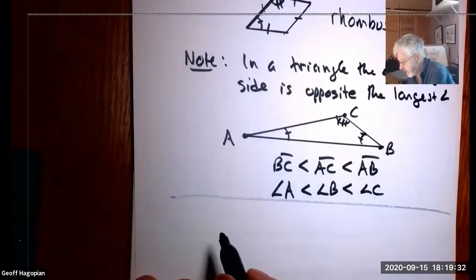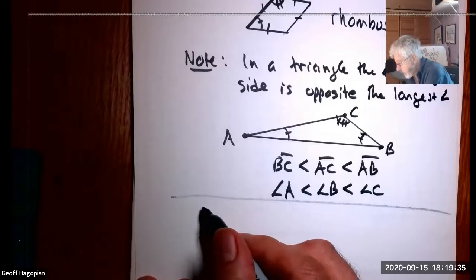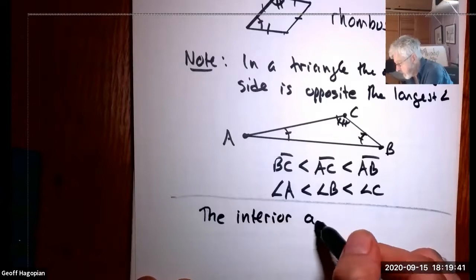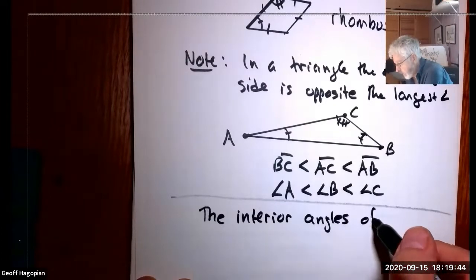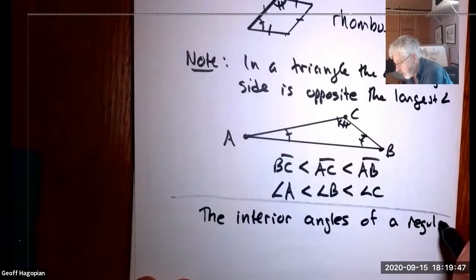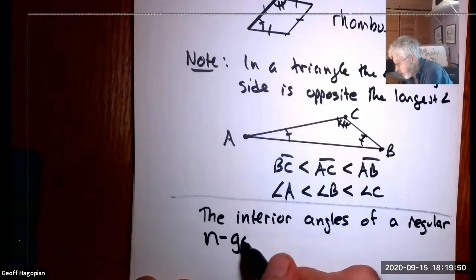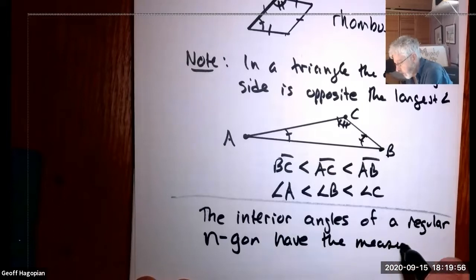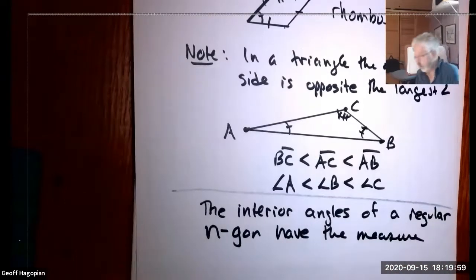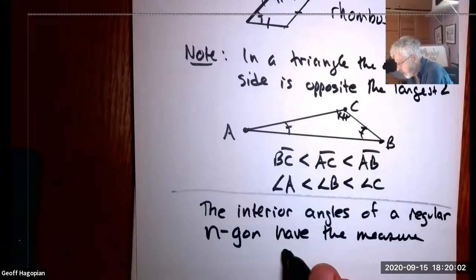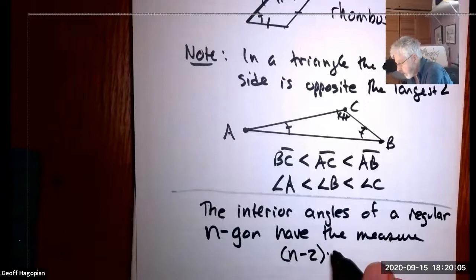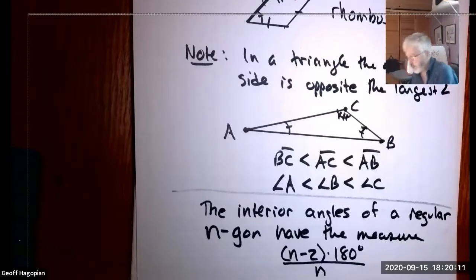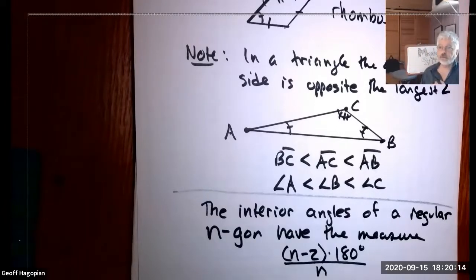So the idea here is that the interior angles of a regular n-gon have the measure, and what you're going to do is take the sum of all interior angles and divide by n, because each one is the same, so they must all be 1/n of the sum.